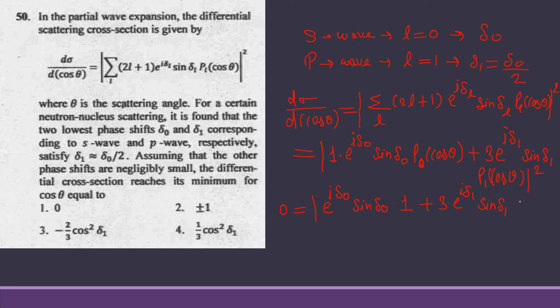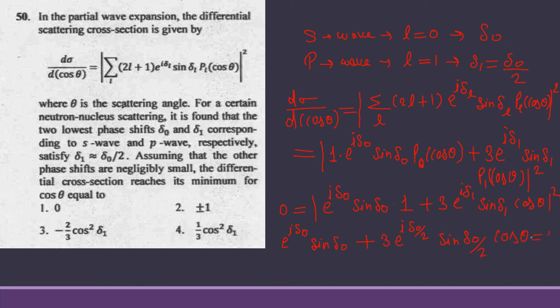So here x is cos theta. So we are writing here cos theta, mod square. Okay, now if you take the under root, this square will go and you will get only e to the power i delta naught sin delta naught plus 3 e to the power i, I am replacing delta 1 by delta naught by 2 because delta 1 is delta naught by 2 as given in the question, and sin delta naught by 2 cos theta.